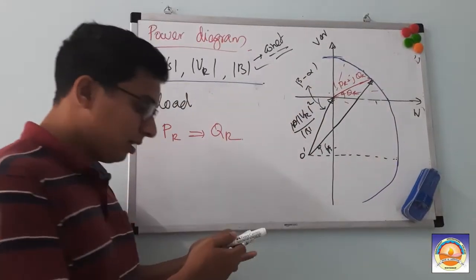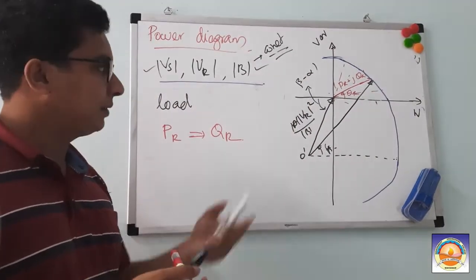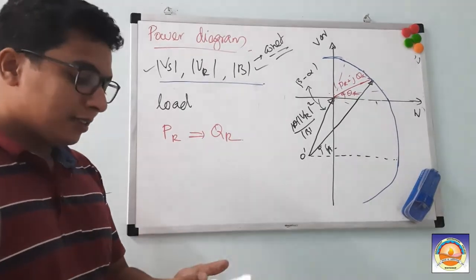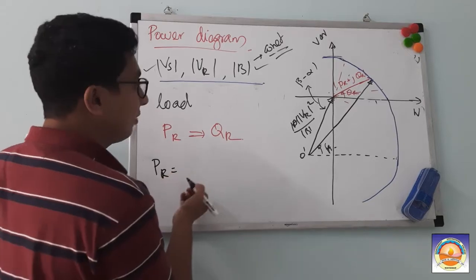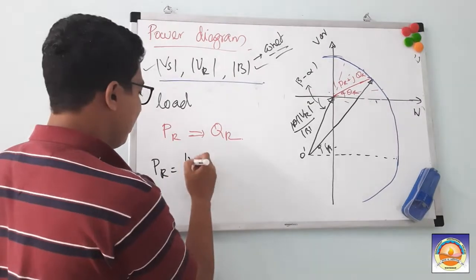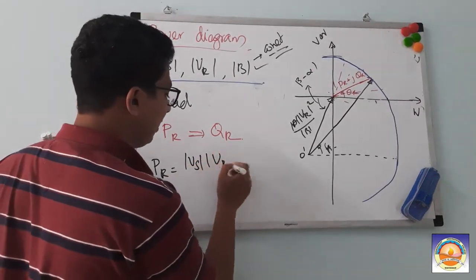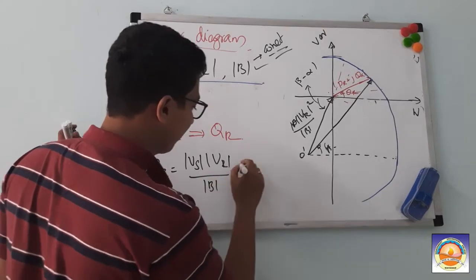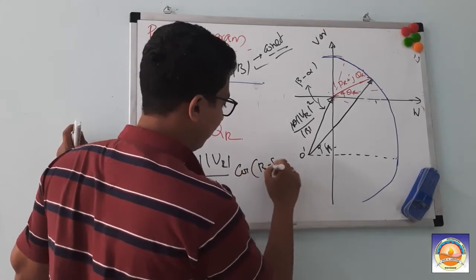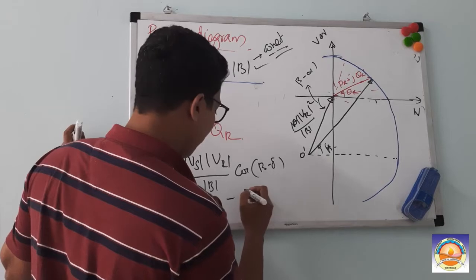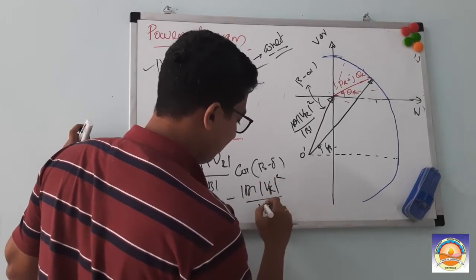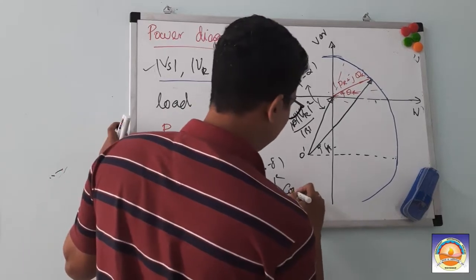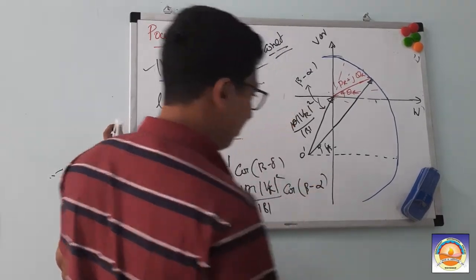So the maximum power, that is what I want to discuss. I have written the equation for PR, which is given by Vs Vr by B cos of beta minus delta, minus A Vr square divided by B cos of beta minus alpha.